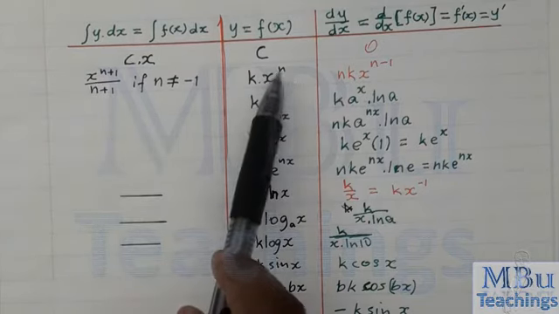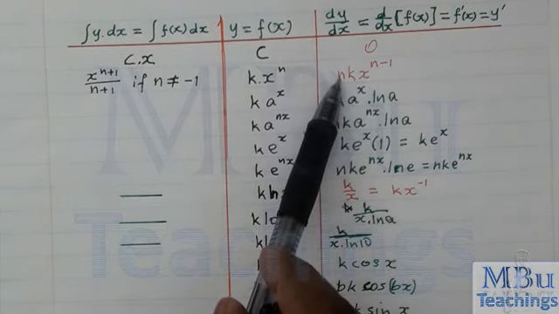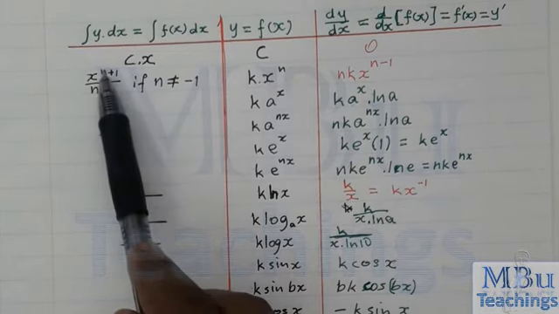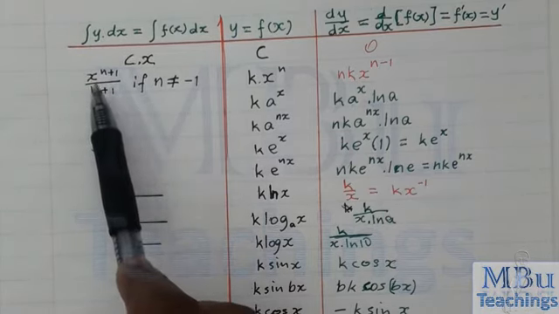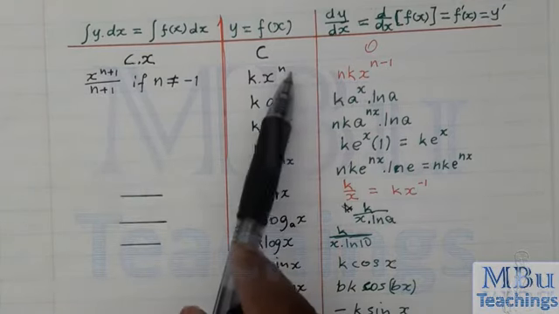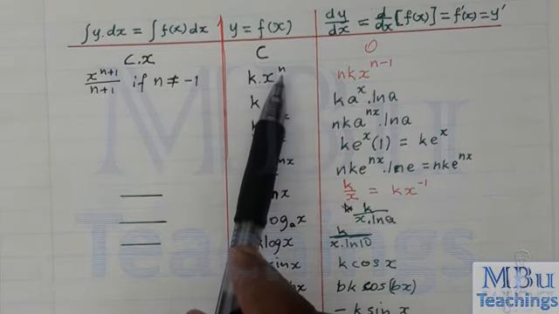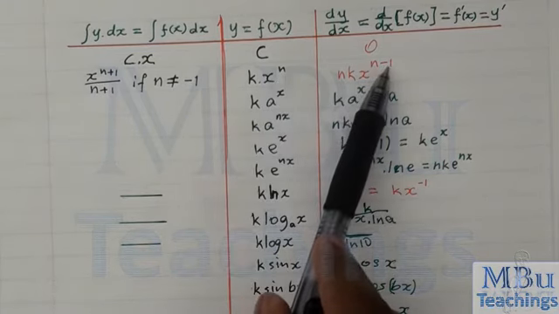When we were differentiating, we multiplied by the exponent. But now that we are integrating, we divide by the exponent. But the difference is that here we multiplied by the exponent before we subtracted 1.